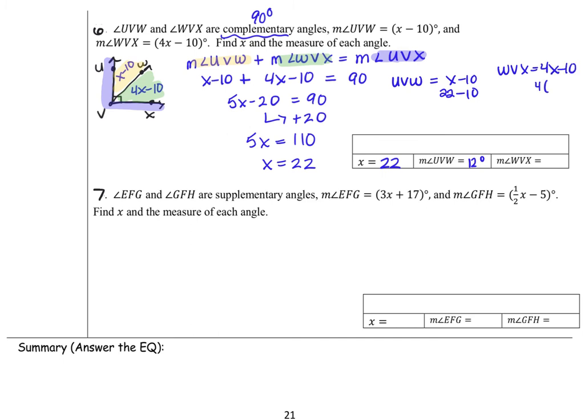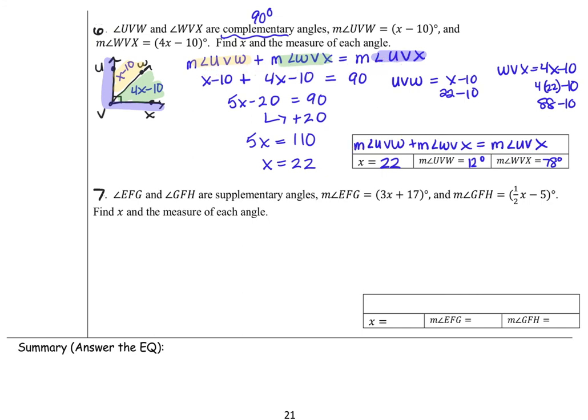So 4 times 22 minus 10, that's going to give me 88. Then 88 minus 10 is 78 degrees.